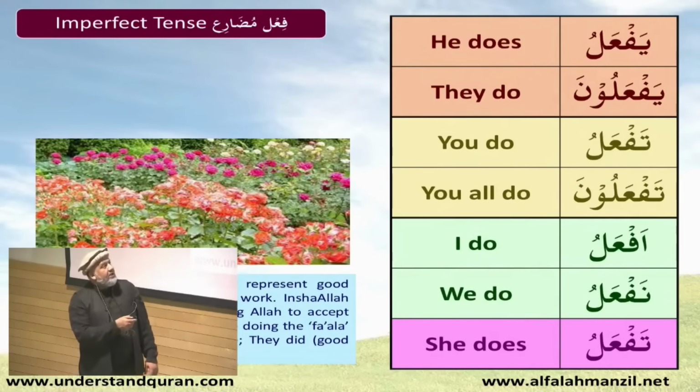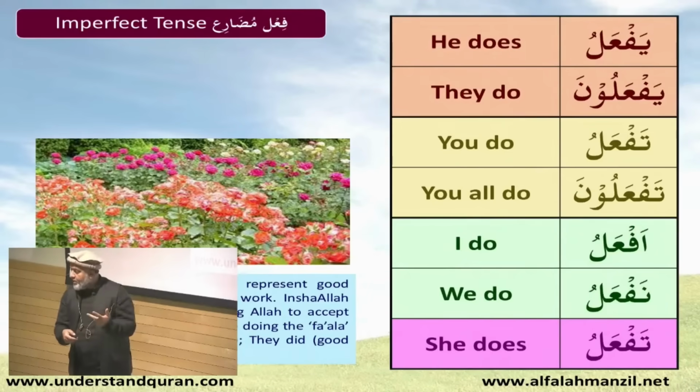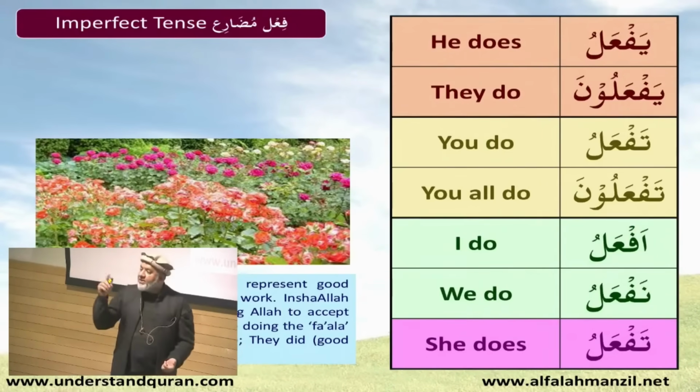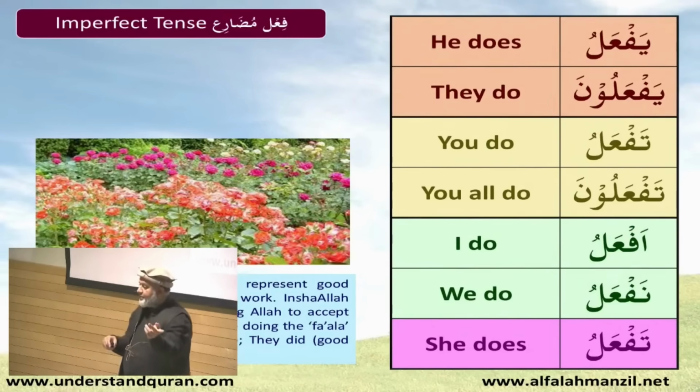So men will go to the male one and female will go to the female one. So alamate mudare: in a verb, if I want to know the tense, if I see the ya in the beginning in the third person, or ta in the second person, alif for first person singular and noon for the plural, then I know this is a fi'l mudare.